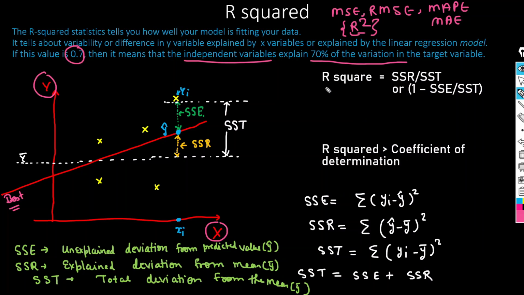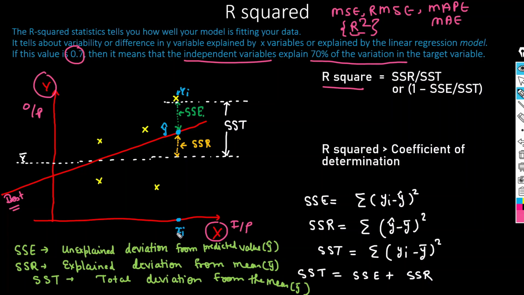So the R squared formula is SSR divided by SST, or 1 minus SSE divided by SST. So what is the SSR? If you see here, this is our best fit line and this is the mean value of the y. Y is your output variable, this is your input variable.